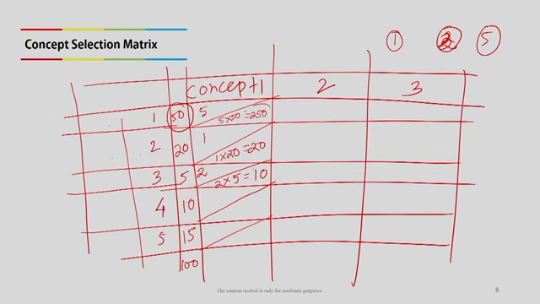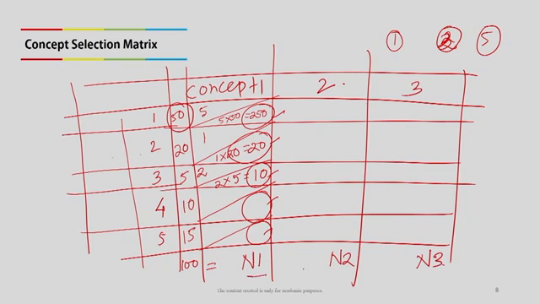Similarly, you will have all those numbers. Let us sum up these numbers. You will have a number for concept 1, for concept 2 also you will have a number, and for concept 3 you will have a number.